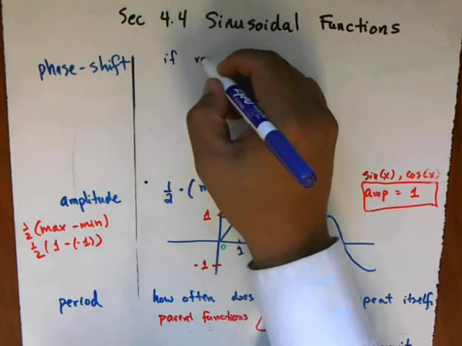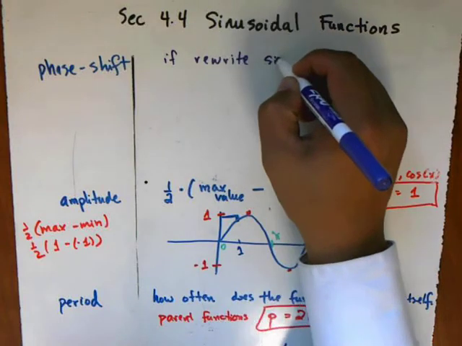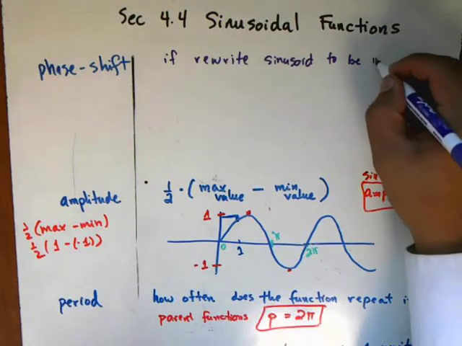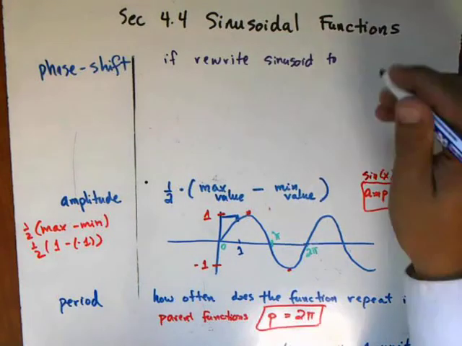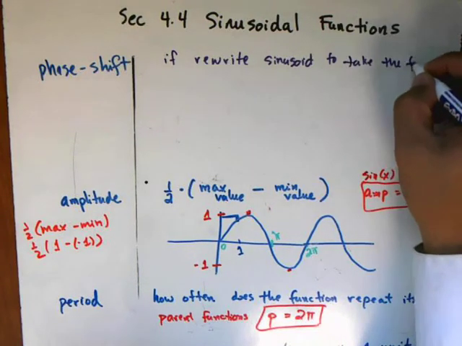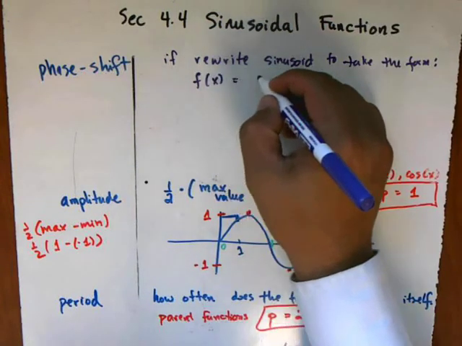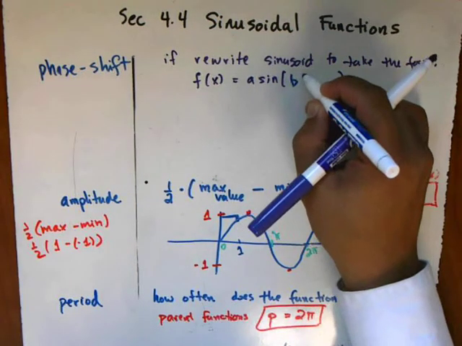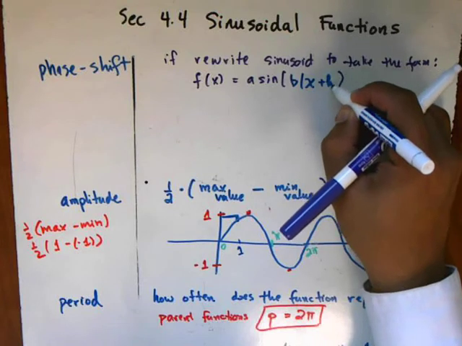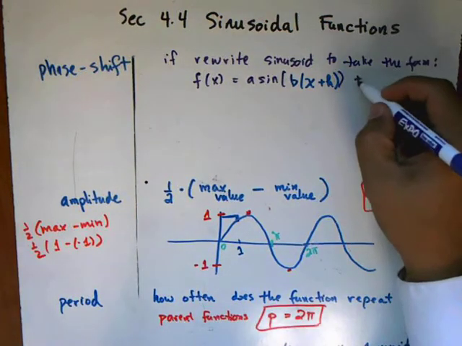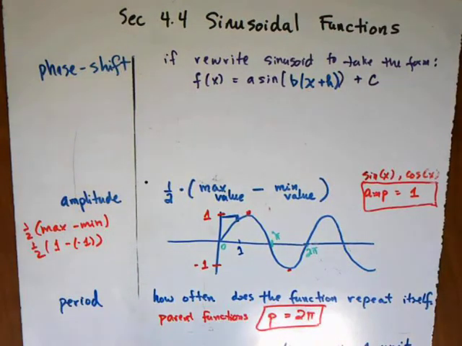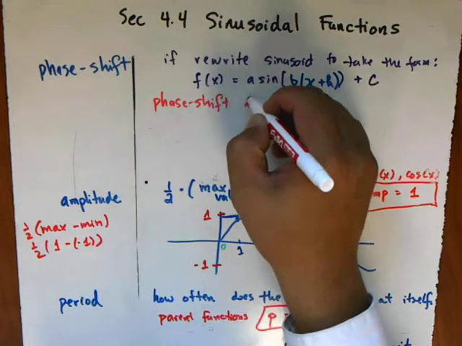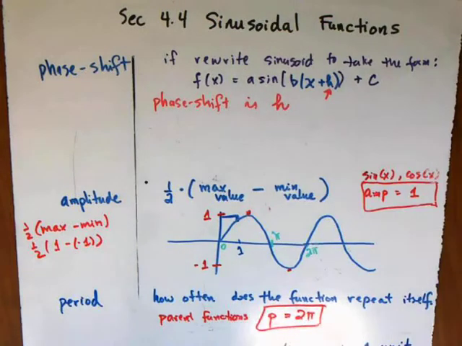If we rewrite a sinusoid to take the form f of x equals a sine of b times (x plus h), plus c, then the phase shift is this value right here, h. That's the phase shift.